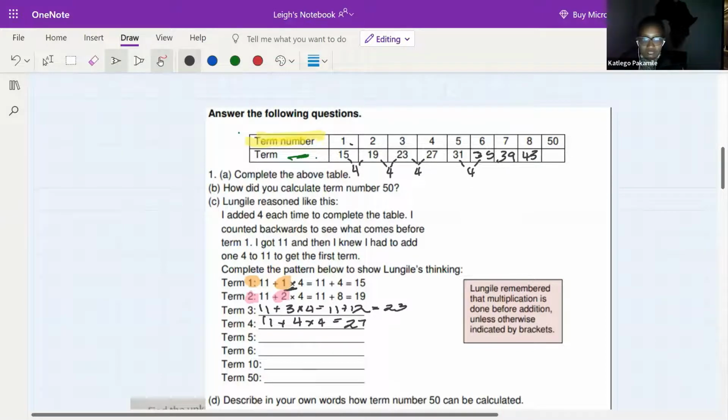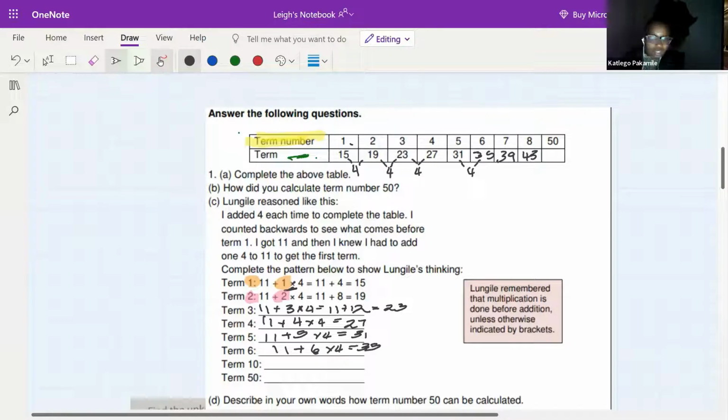And then 5 is 11 plus 5 times 4, which is 11 plus 20, and that's how we get to 31. And 6 is 11 plus 6 times 4, which is 35.